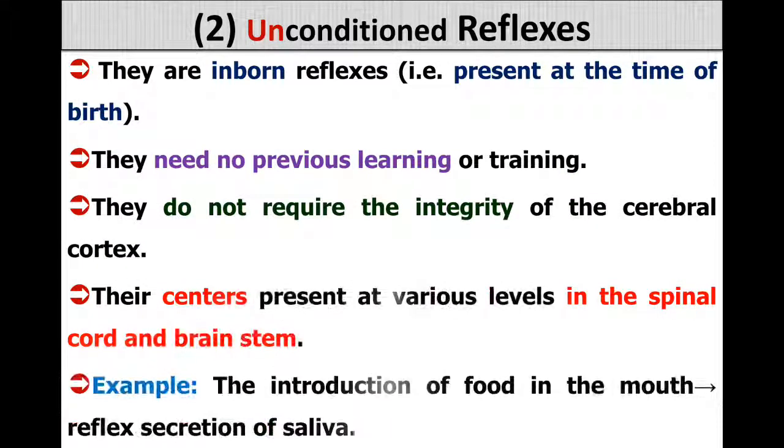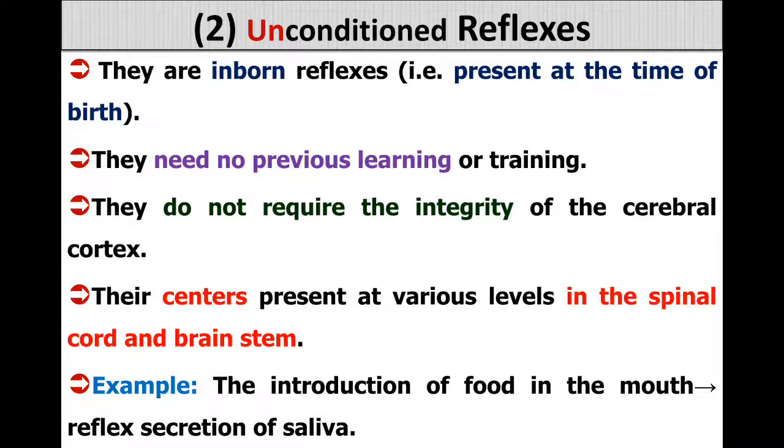The second type of reflex action, or reflexes, is the unconditioned reflex, رد الفعل الغير شرطي, which does not require integrity or maturity of the cerebral cortex.